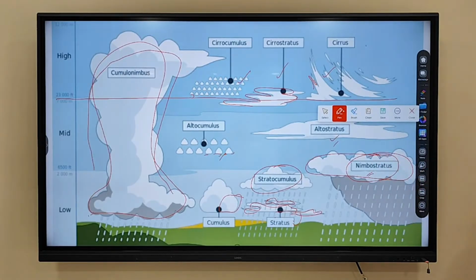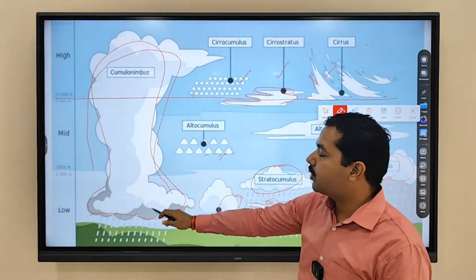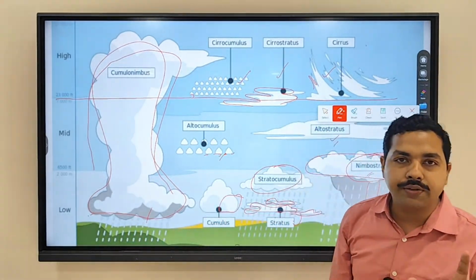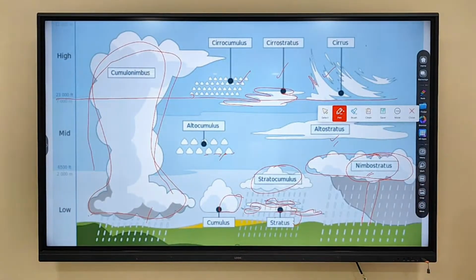You are seeing these two clouds are producing what? Producing the rainfall. So as we discussed, rain clouds are which cloud? Nimbus cloud. Nimbus cloud needs to be there, then it is going to be called a rain cloud. So rain clouds are which type of cloud? Nimbus cloud.